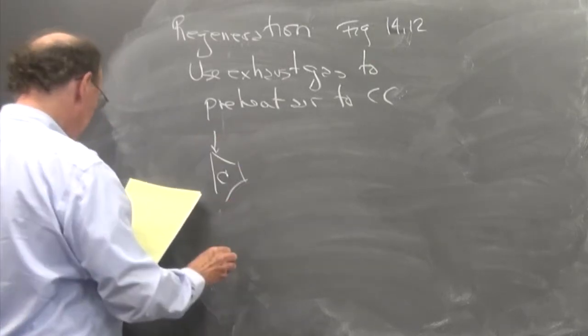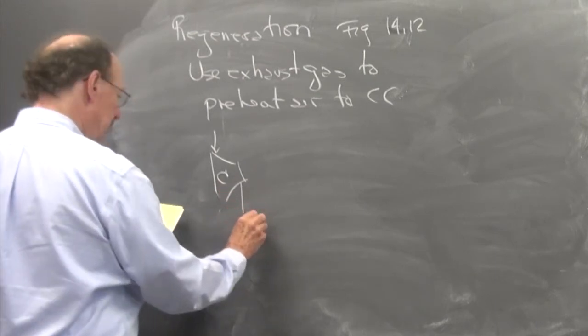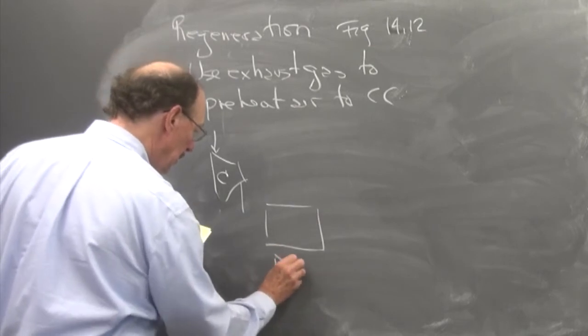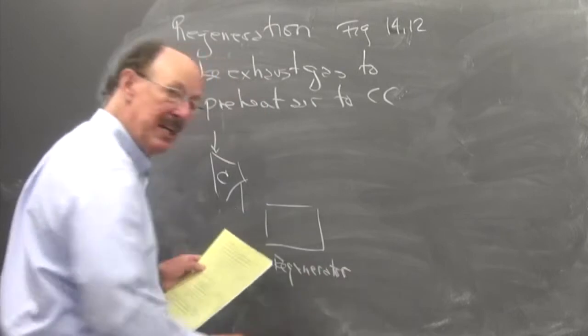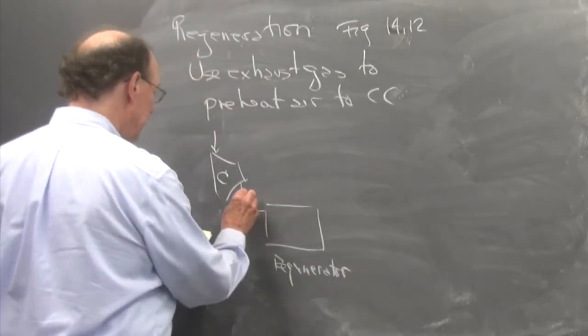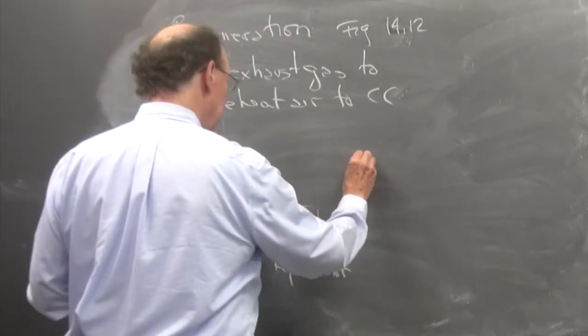So you have the compressor, it's coming out of the compressor, and it's going to go into a regenerator. The regenerator is a heat exchanger. All it is is a heat exchanger. So it's going to come out at state 2 and go in here. I'm going to have my turbine over here.